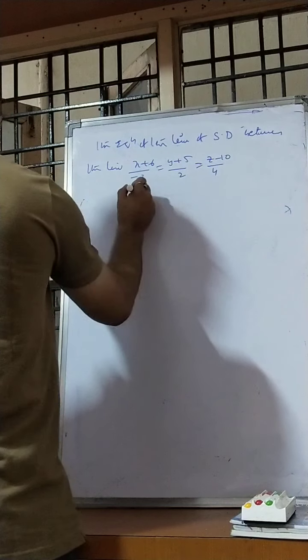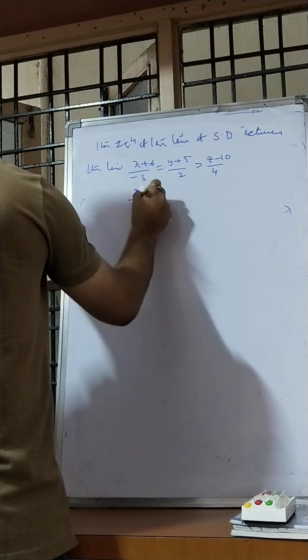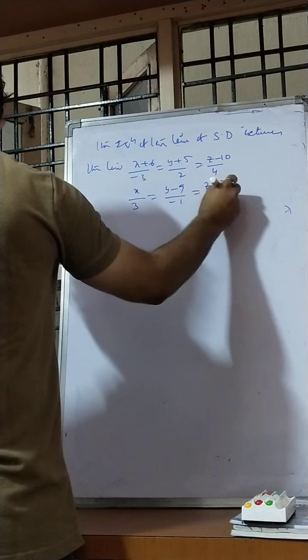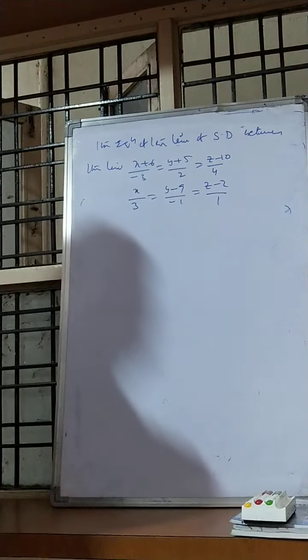Another line is (x minus x) by 3, (y minus 9) by minus 1, (z minus 2) by 1. At last we got it.